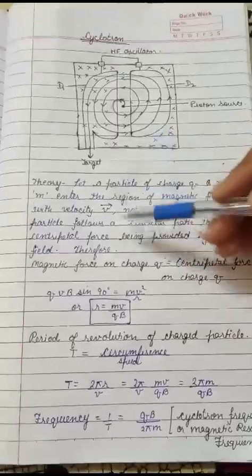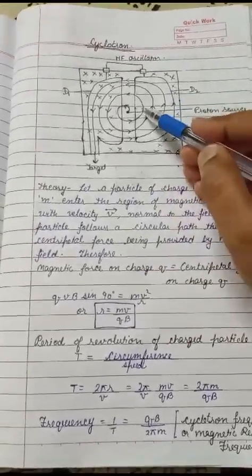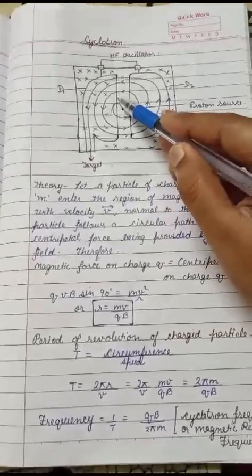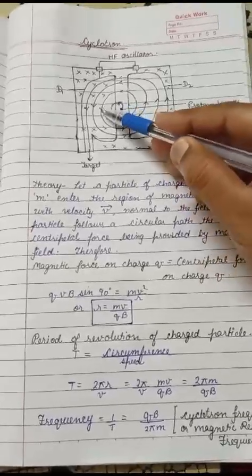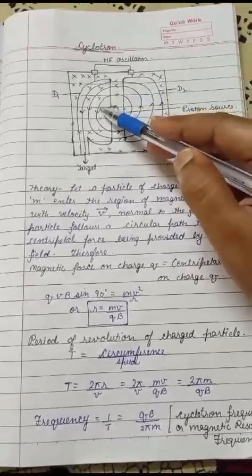As velocity increases, the radius also increases. Again it enters D3, the magnetic field rotates it in a circular motion, and in this manner it completes the whole cycle.